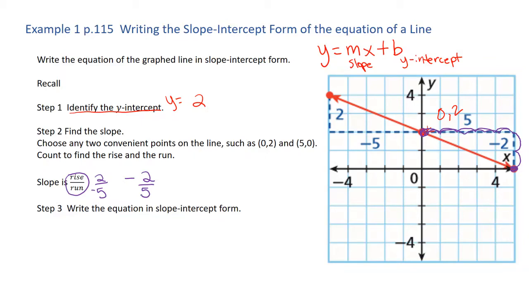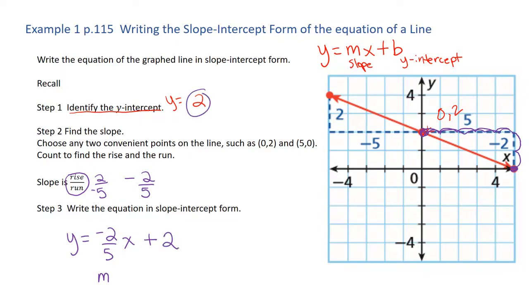Now it's very easy to write our equation in slope-intercept form. We say y equals negative 2 over 5, which is our slope, x plus b, which we said was 2, so plus 2.